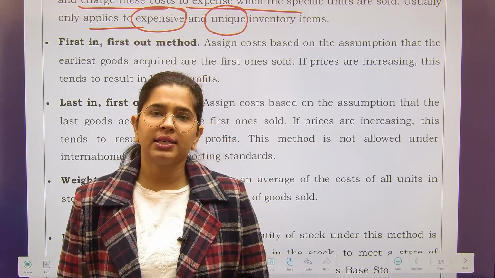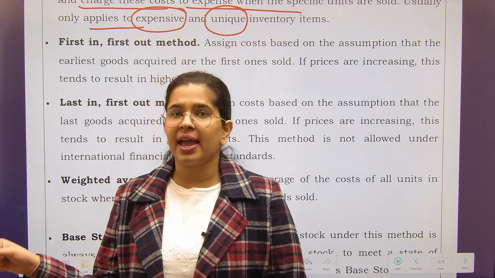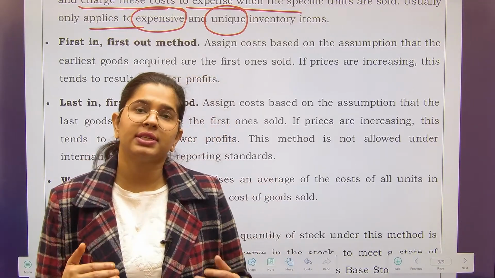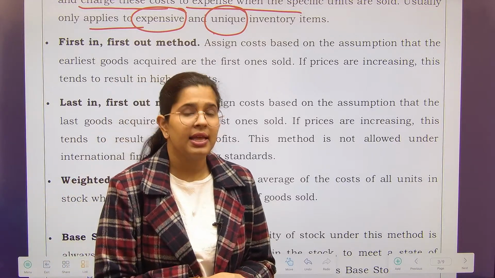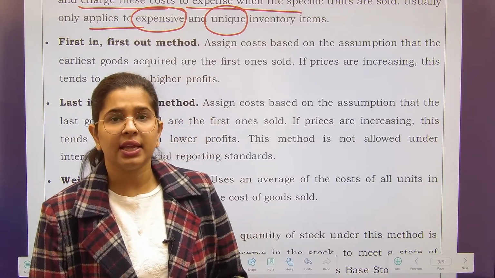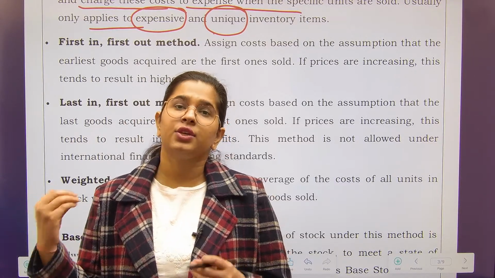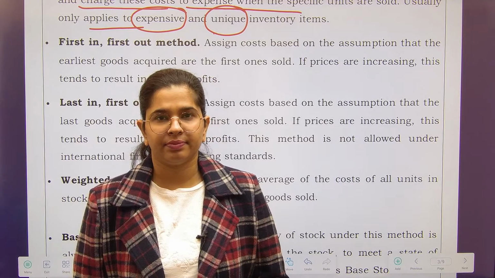Now how will I determine which packet I have used first? There is a method called first in, first out. This method says that whatever inventory you have received first, please use that first.